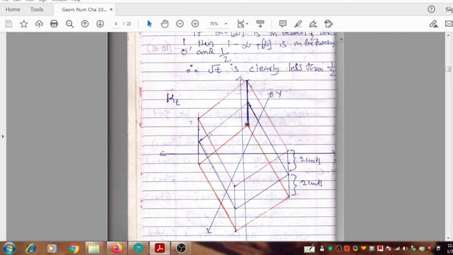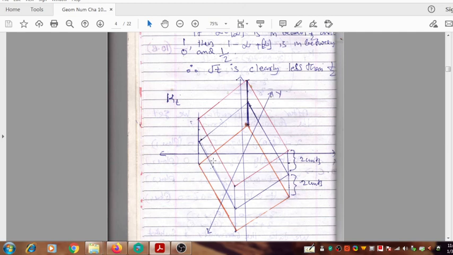You should view this prism in that way. This is the top portion, and this is the bottom portion. The orange colored one is the bottom portion, and the middle portion is the blue colored one.